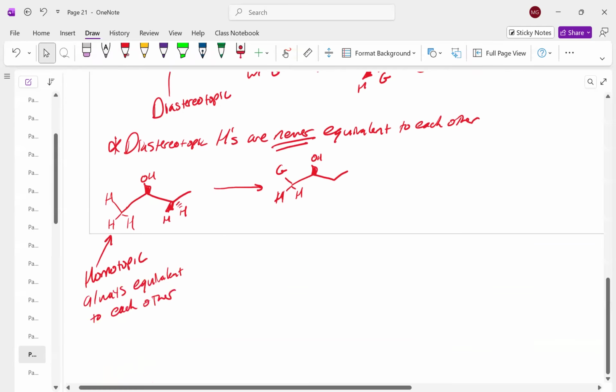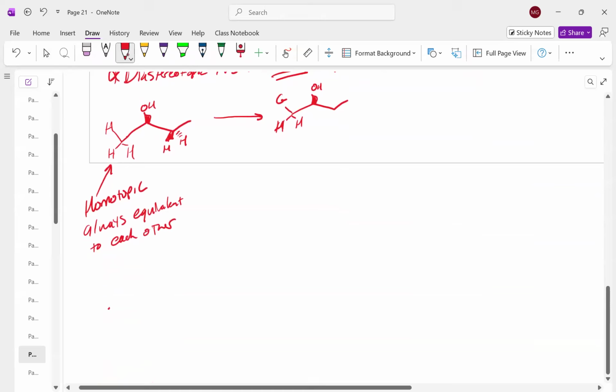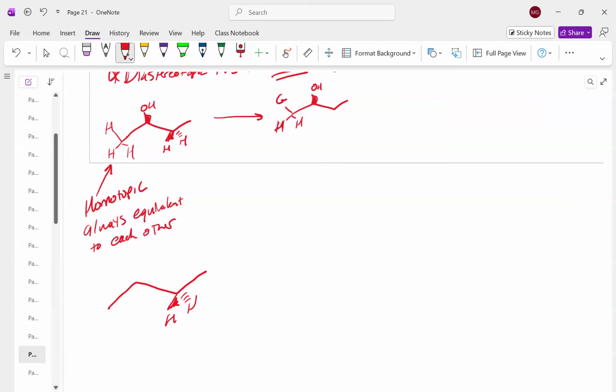Now let me introduce one more type of hydrogen here. And I'm going to focus on these. You say, okay, well, there's no stereocenter there. Well, just for the sake of exercise, I'll call this one A and this one B again. Let's do the same exercise as before. Let's replace A with a group. And then let's replace B with the group.